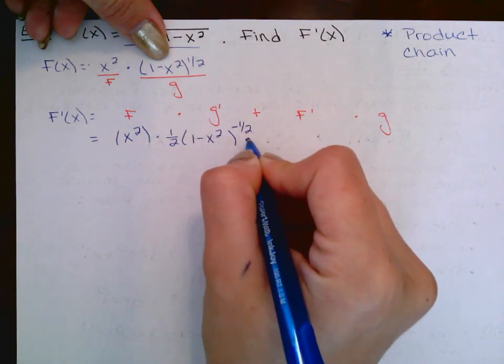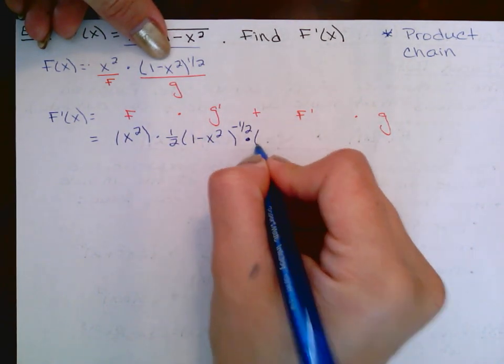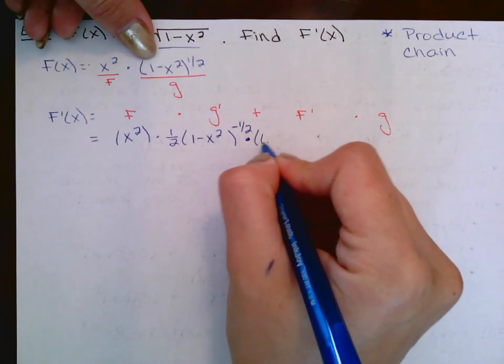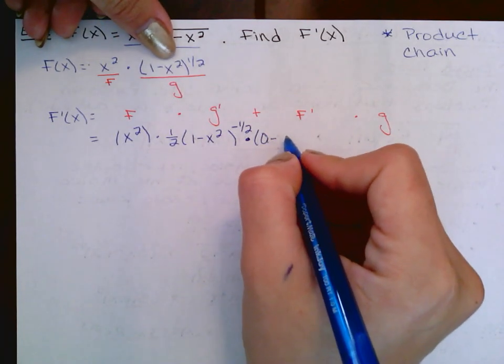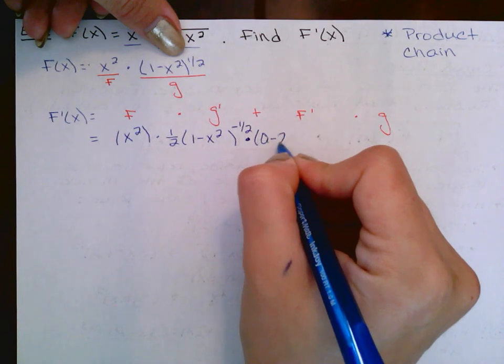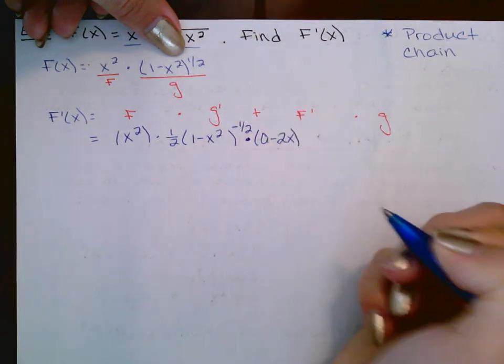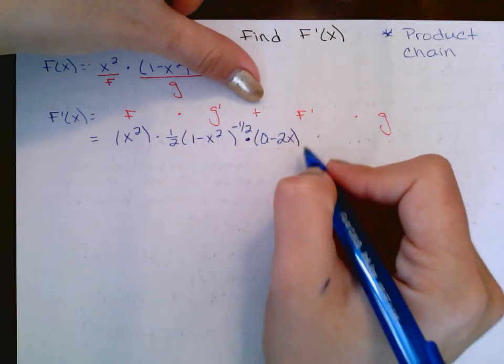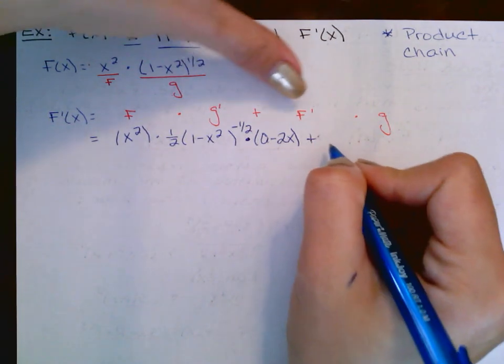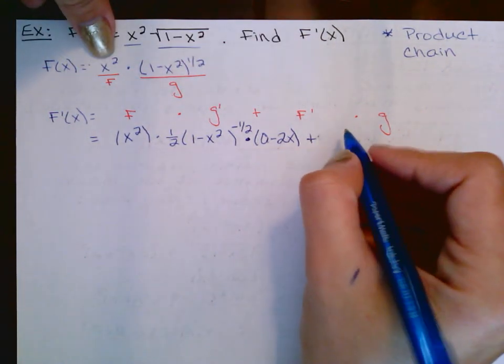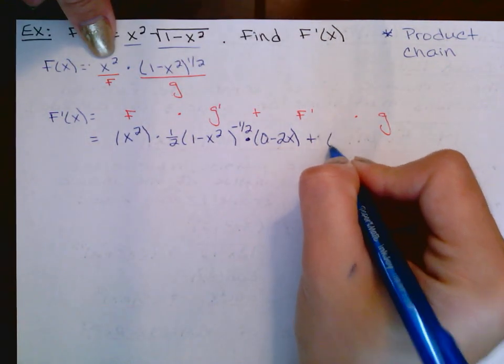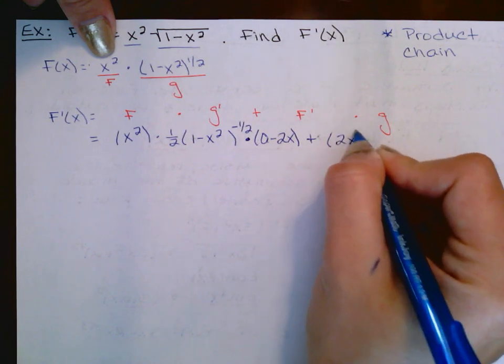And then times the derivative of this inside. Derivative of 1 is 0, minus derivative of x squared is 2x. Okay? I'm going to do plus. Now I'm going to do f prime. Derivative of f is just 2x.